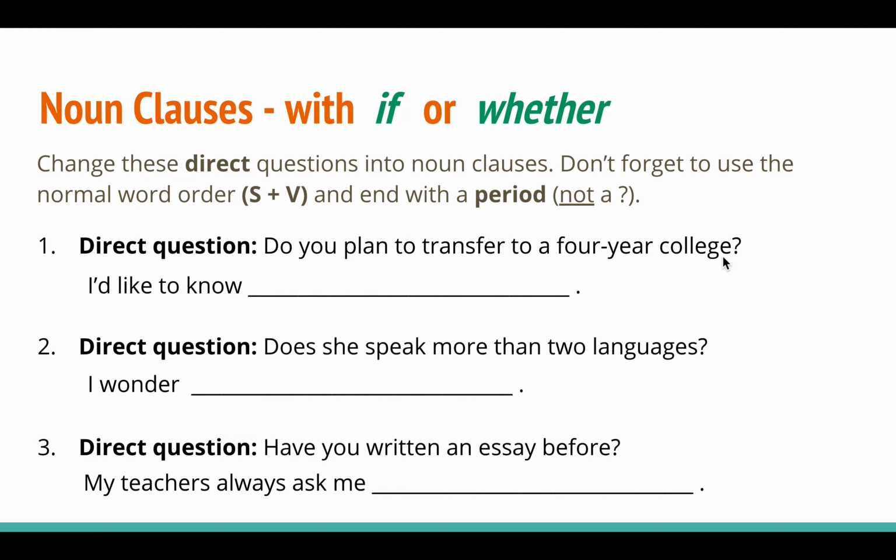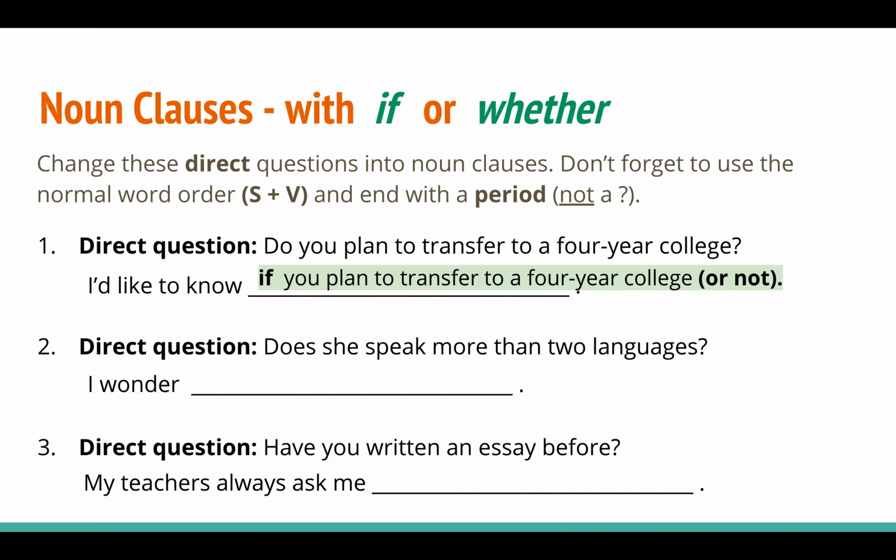Notice that the answer to this question could be yes or no, so therefore we can use if or whether. We can begin a sentence of an indirect question by saying, I'd like to know. Here we're not asking directly, we're telling the person we would like to know the answer. So we could say, I'd like to know if you plan to transfer to a four-year college or not.